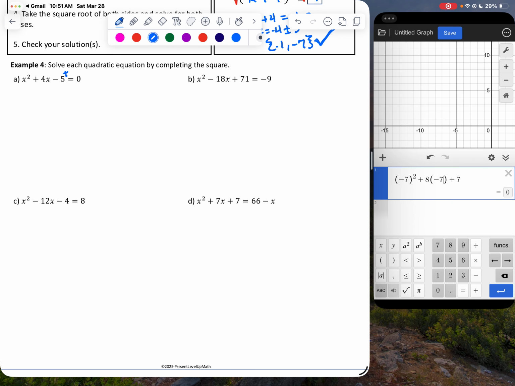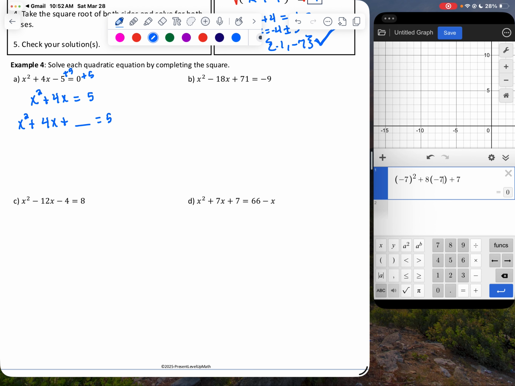So I will add 5 to both sides. So I'm going to have x squared plus 4x equals positive 5. Now I'm going to provide some space to create a perfect square trinomial. So I'm going to put a blank there.